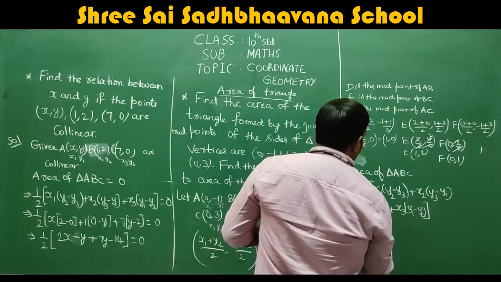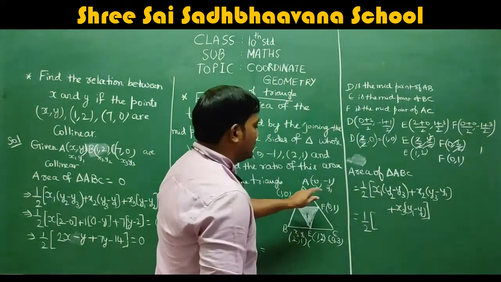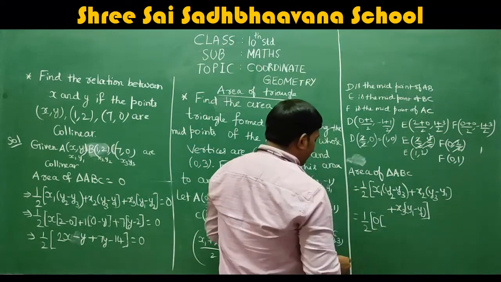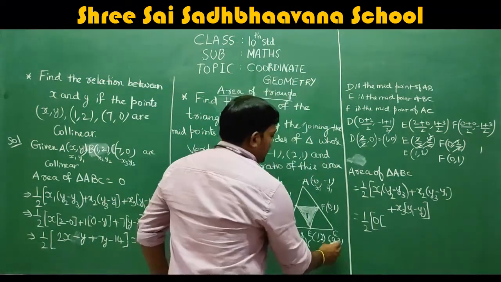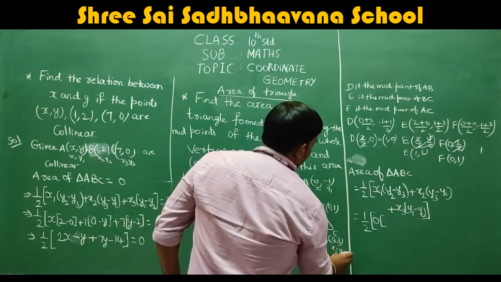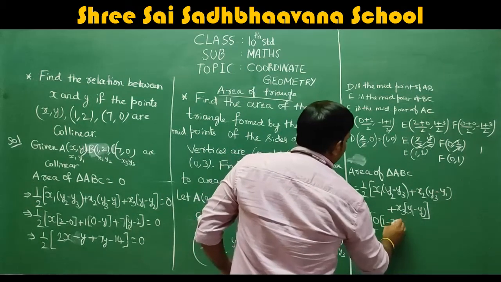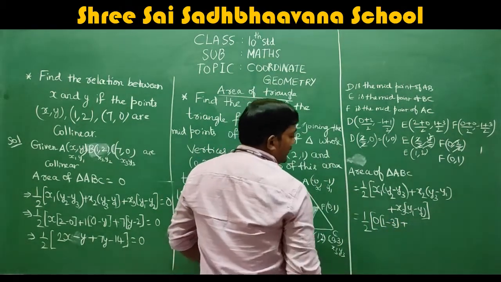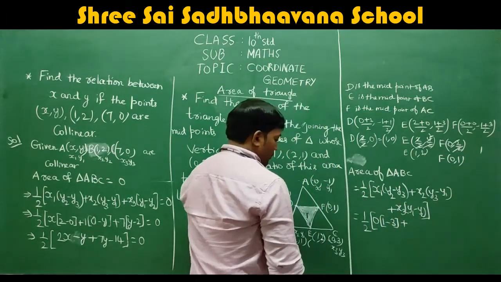Correct? So substitute. What is the x1 value? x1 value is 0. So 0 into (y2 minus y3), which is 1 minus 3. Next, x2. What is x2? 2, from 2 comma 1.